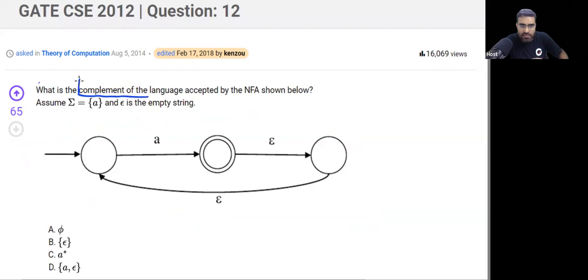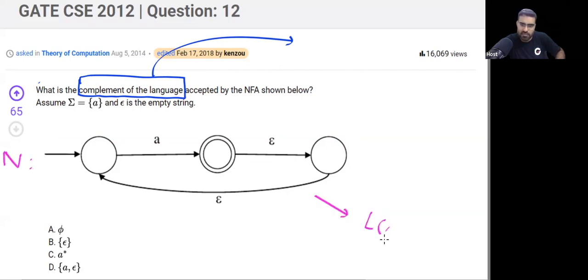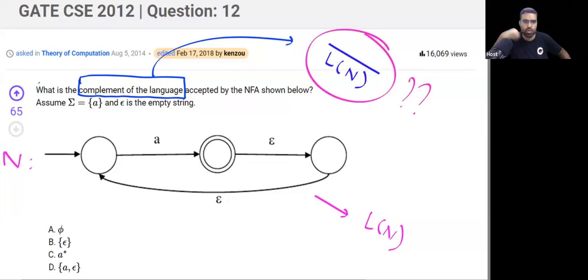For example, let's call this NFA N. This NFA N will accept some language. The question is asking for the complement of this language. This is your final question. So tell me, what is the language of this NFA N?